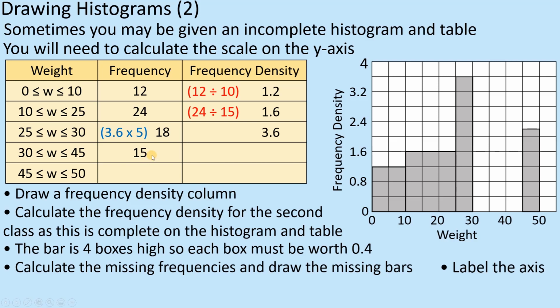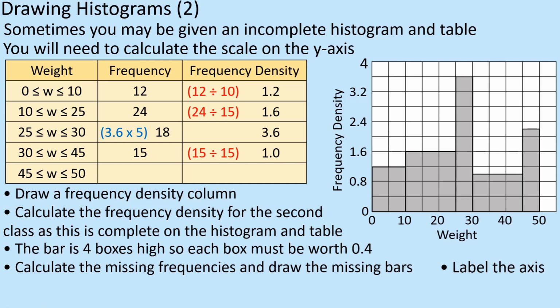And then we've got this one. I've got 15 divided by 15, which is going to give me 1. So I've got a height of 1, between 30 and 45. So 1 is about that height there. And there you go, that fills that one.